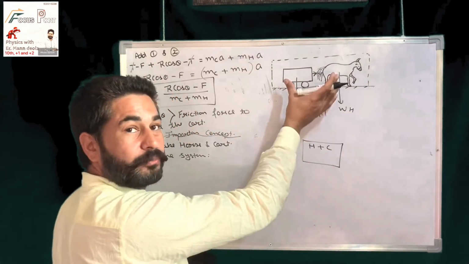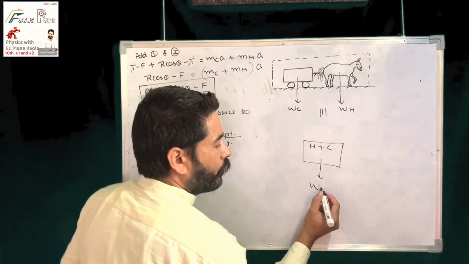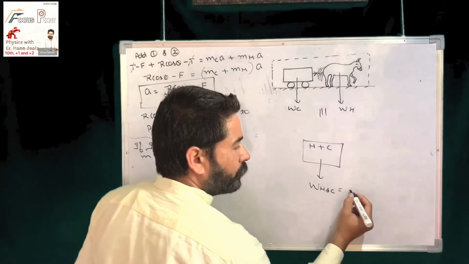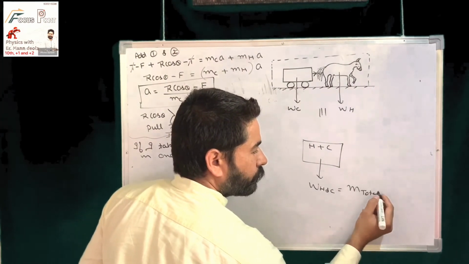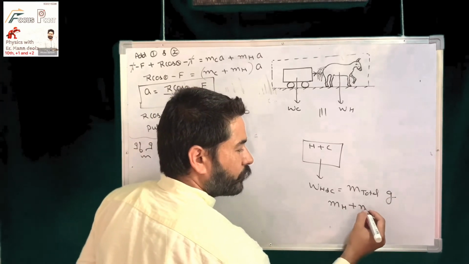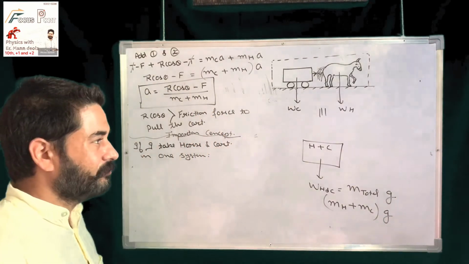If we assume both as one body, then this would be the weight of horse and cart combinedly, which will be equal to total mass into g, means mass of the horse plus mass of the cart into g. This will be the total weight of the system.